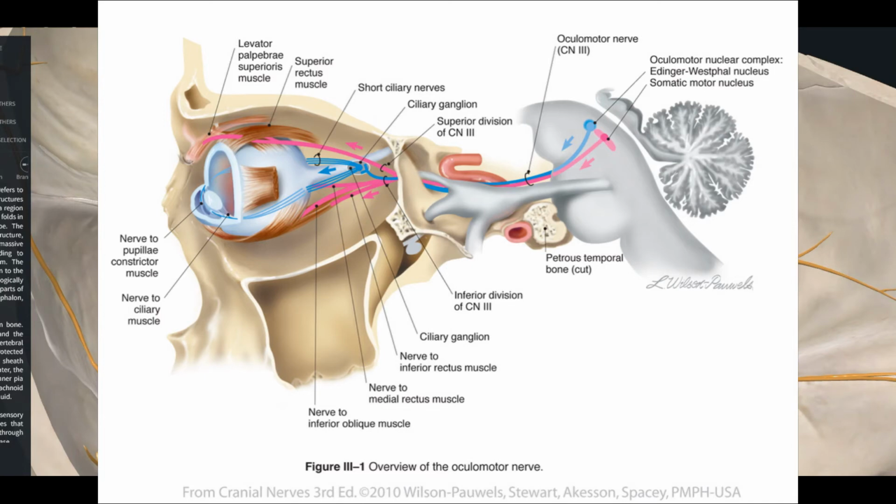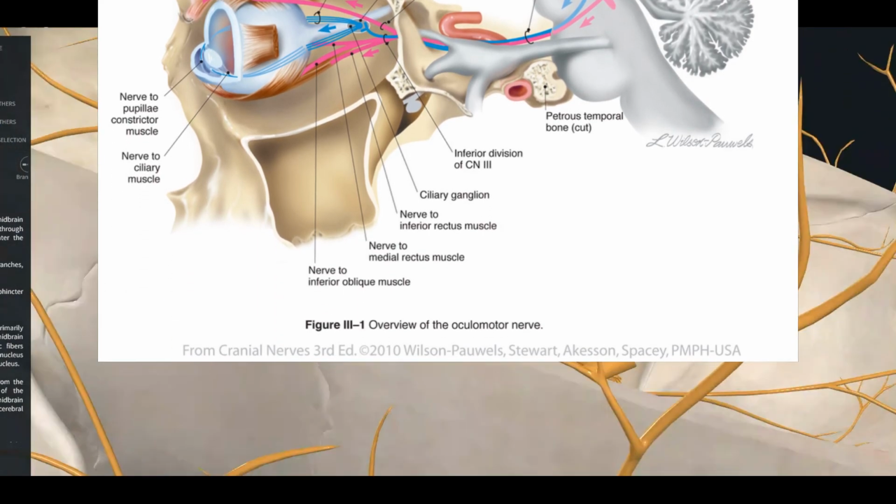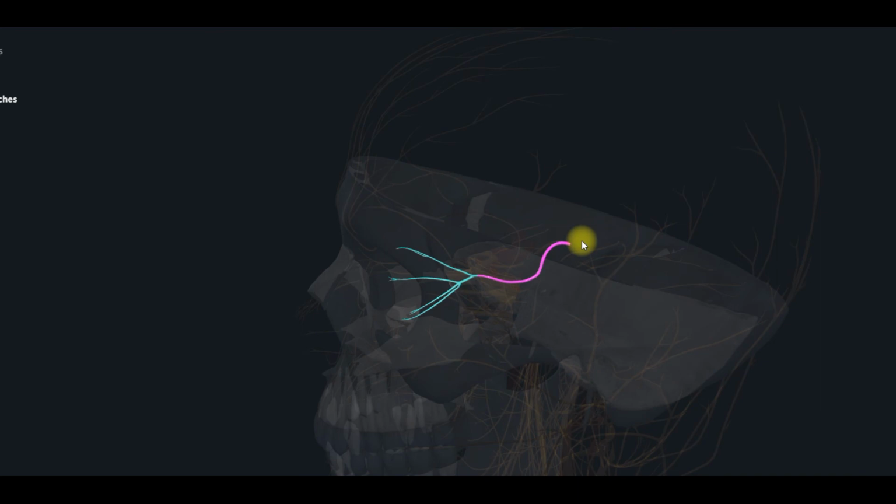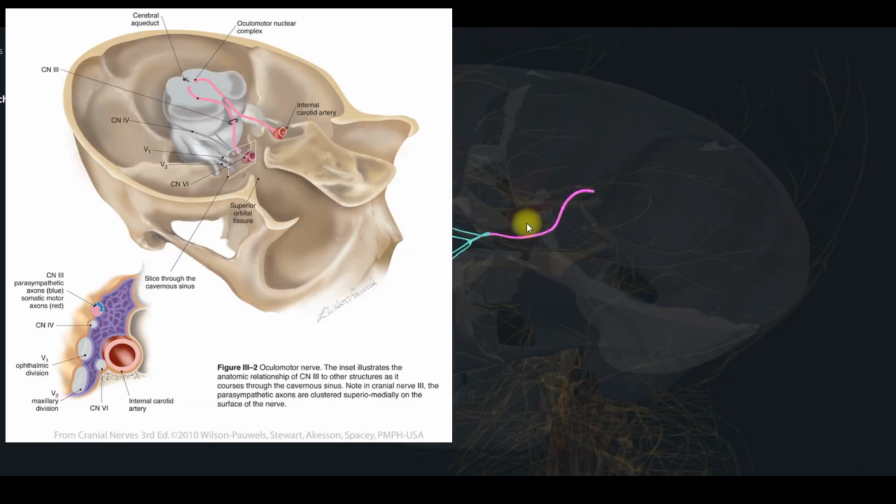is the oculomotor nerve. The oculomotor nerve is the motor nerve which passes from the midbrain to the orbit through the cavernous sinus of the middle cranial fossa.